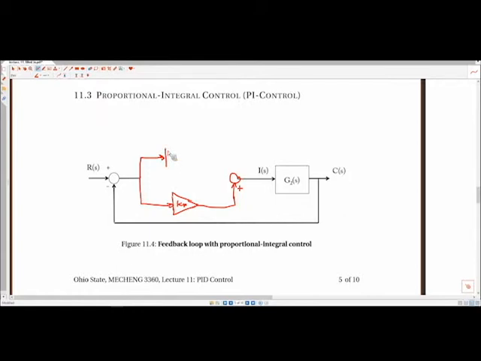But now we're going to have a Ki gain. We're going to have an integral. And then this is going to be added in. And so this entire box now, that's G1.